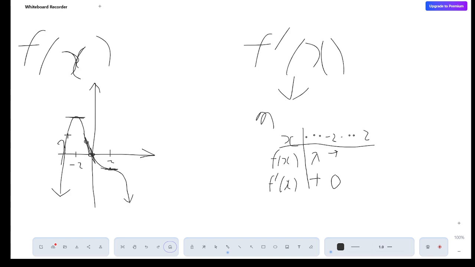It means a change from concave down to concave up, or concave up to concave down. And by doing this, we can see that from -2 to 2, the gradient will be negative. Oh, wait, my bad, it's supposed to be here. And because f of x is decreasing, the derivative will be negative.